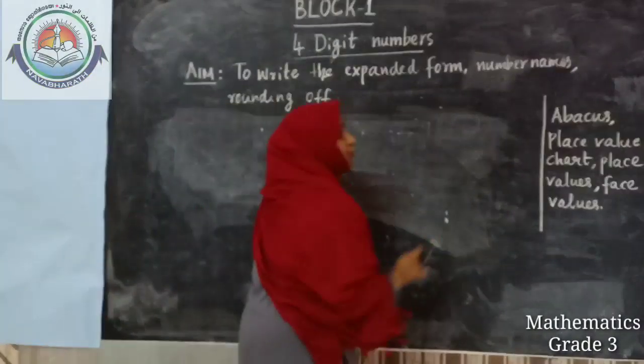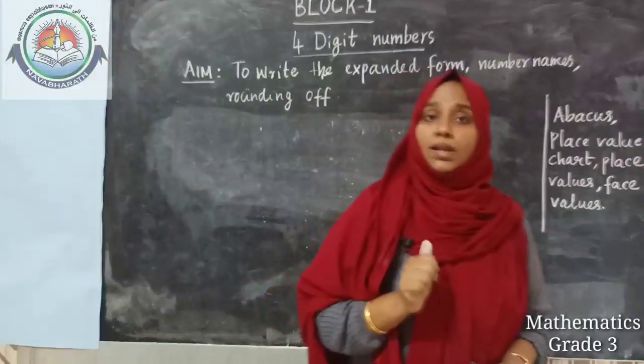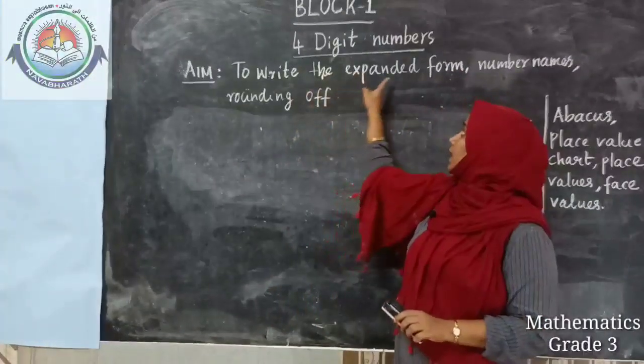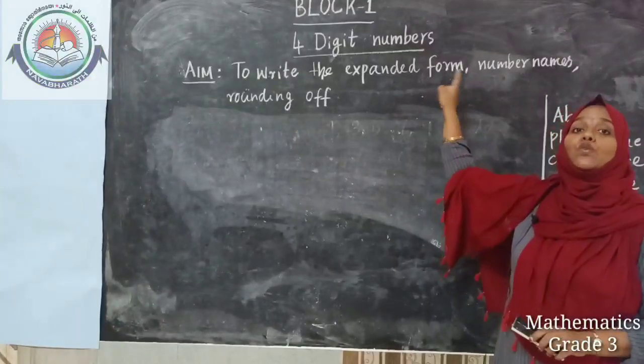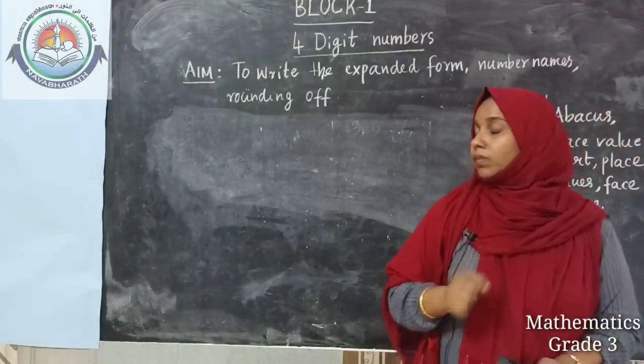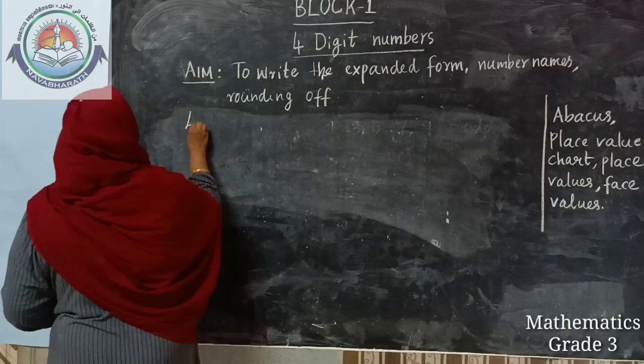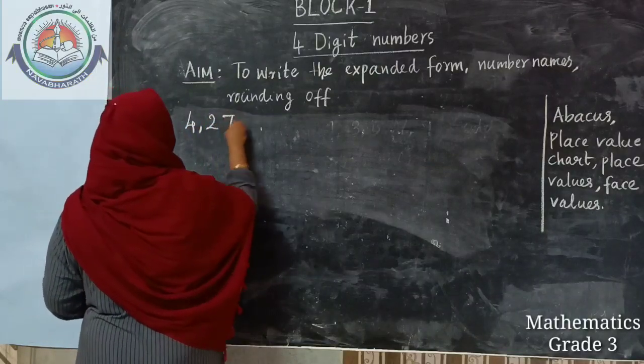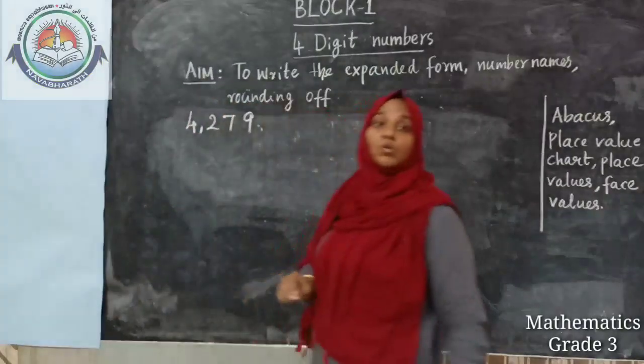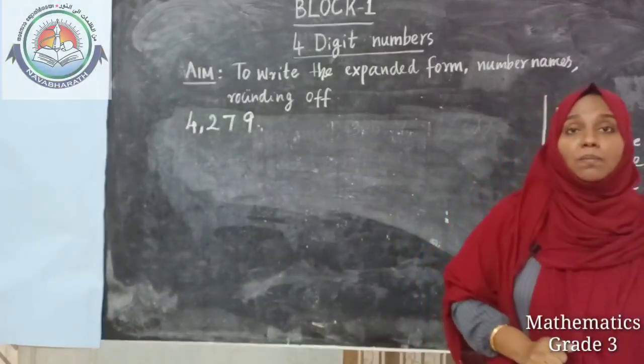And today we are going to learn what the expanded form of a 4-digit number is. A 4-digit number, 4279. How to write the expanded form?